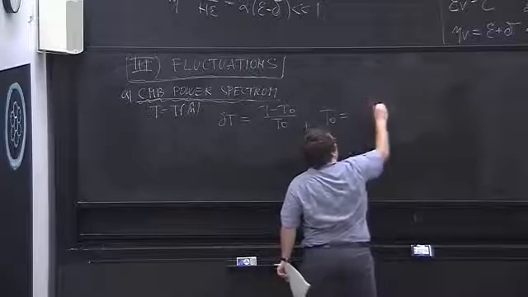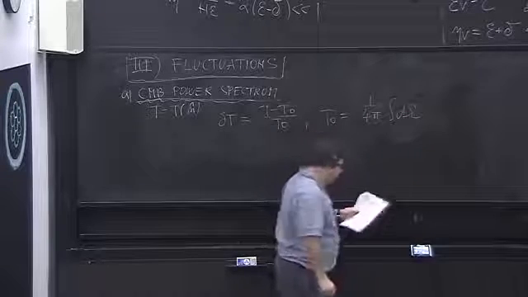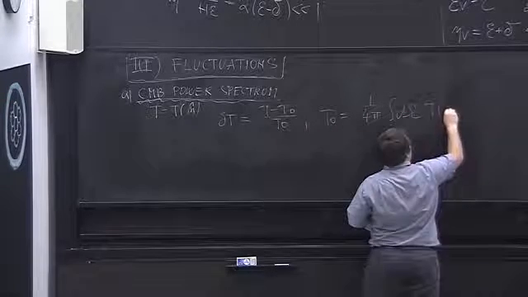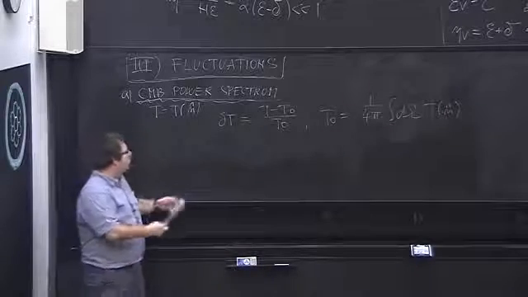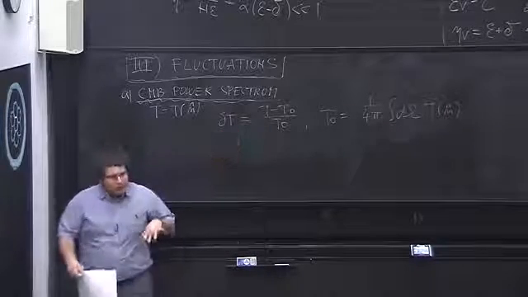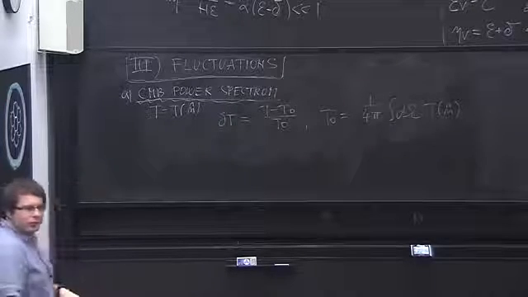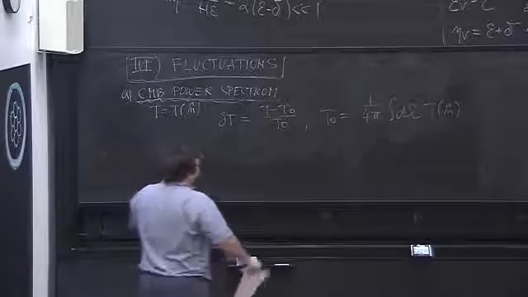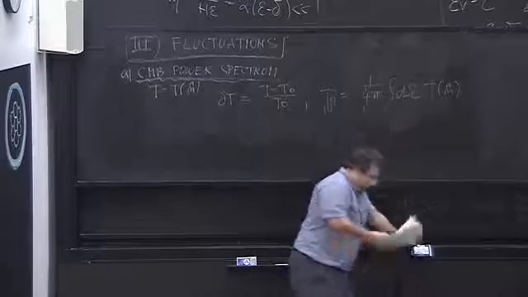So you basically average T of n over all possible angles. And these fluctuations are of order 10 to the minus 5, so they are really teeny tiny fluctuations. And T0 is something like 3 Kelvin on average.